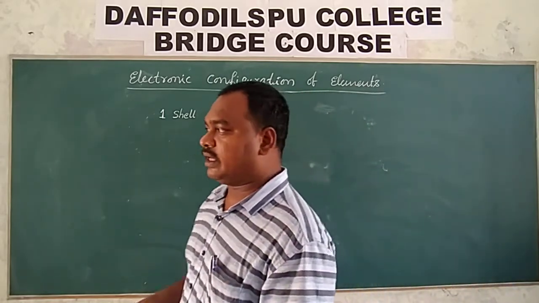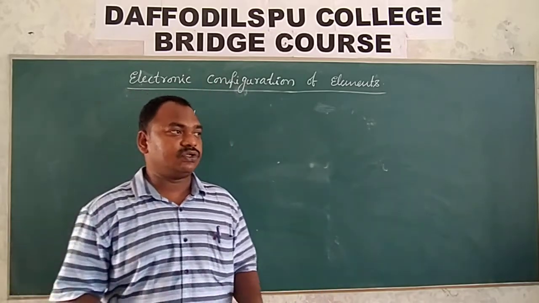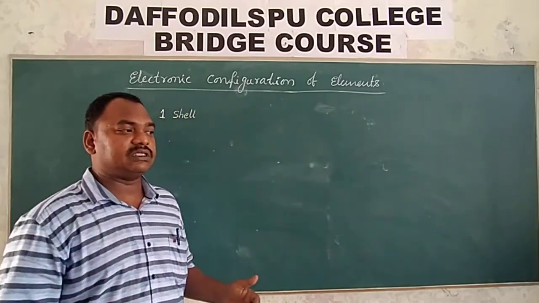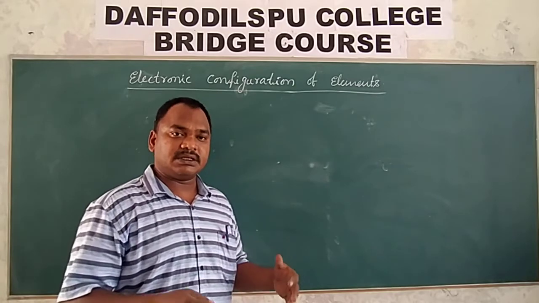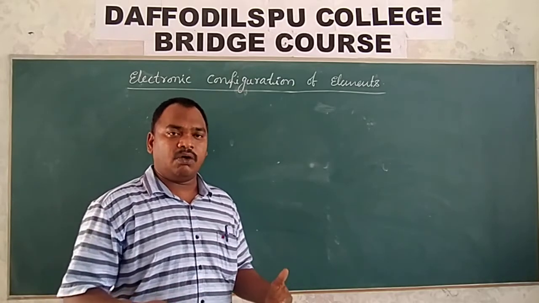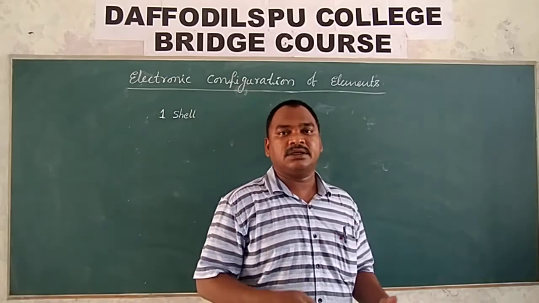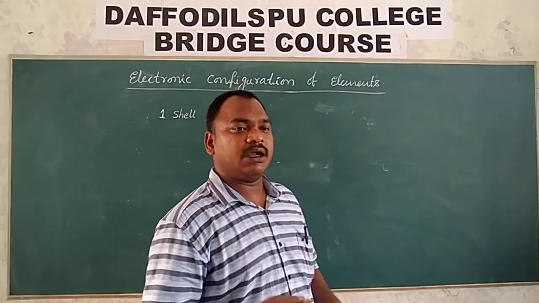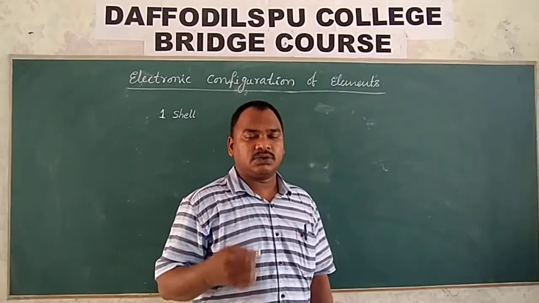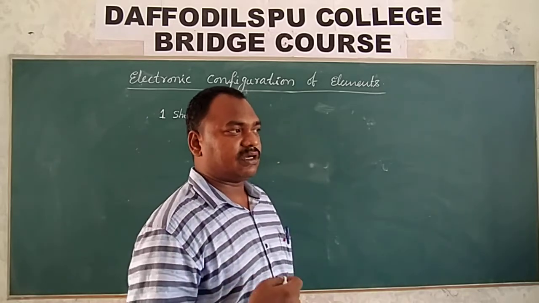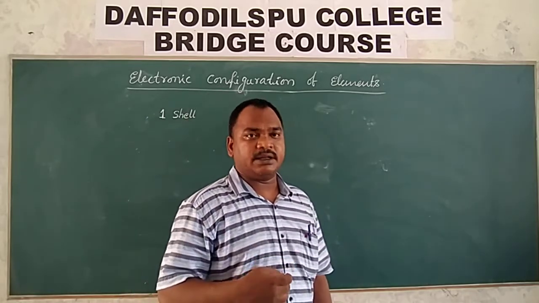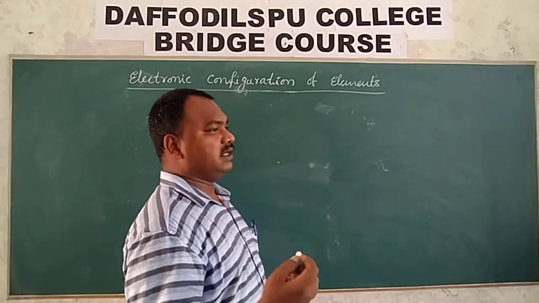So what is the electronic configuration? Electronic configuration is the expression of how electrons are arranged in shells, in sub-energy levels and in orbitals.